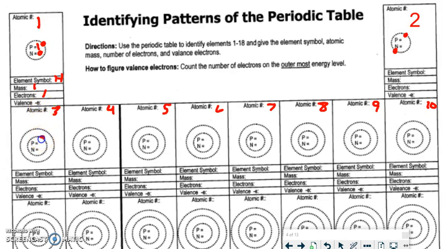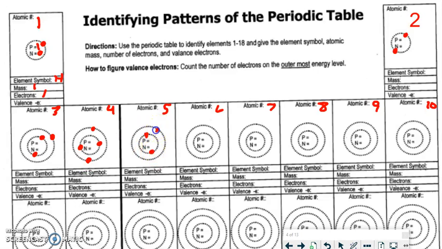Okay, this guy has 3. I know the first 2 electrons have to go in this first energy level. The third electron goes in the outside. This guy has 4. 2 in the first, 2 in the second. This guy has 5.